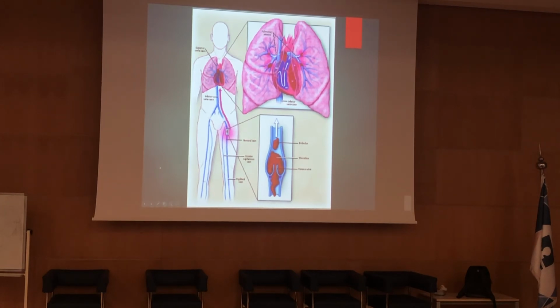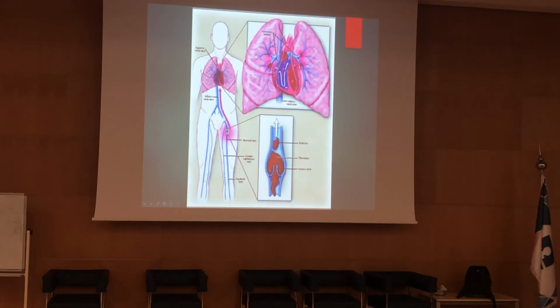Thrombus originating here, then traveling through the right atrium, right ventricle, and immediately into the pulmonary circulation, then it will get plugged, for example here and here.